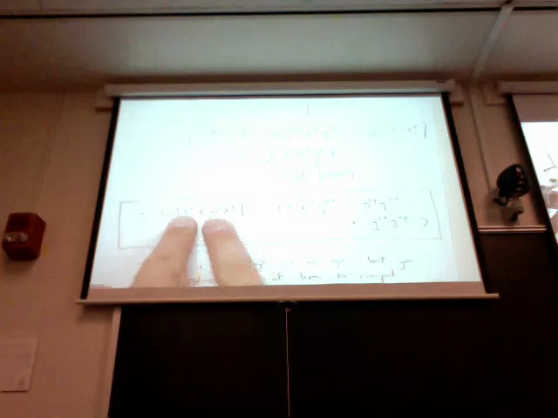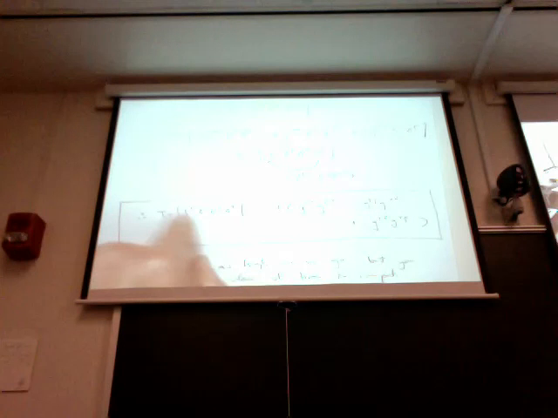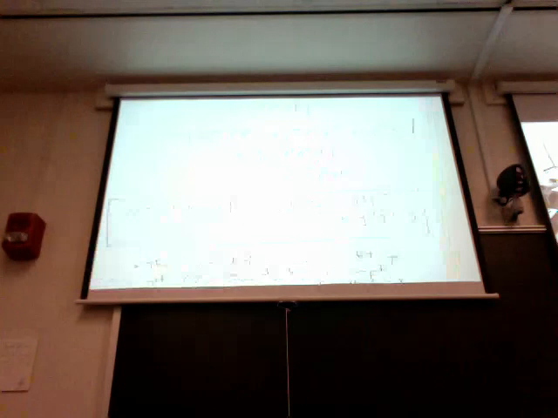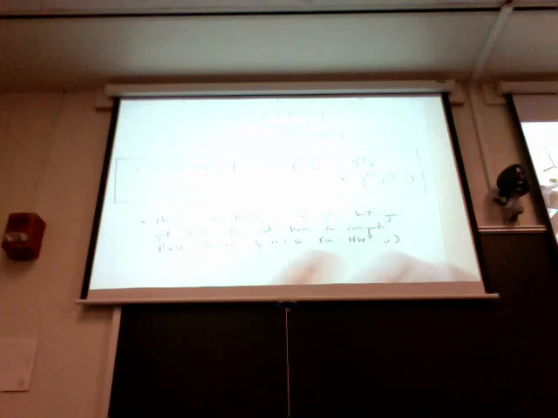Okay, so that's the trace of 4 gamma matrices. In this class, the most we'll see is a trace of 4 gamma matrices.